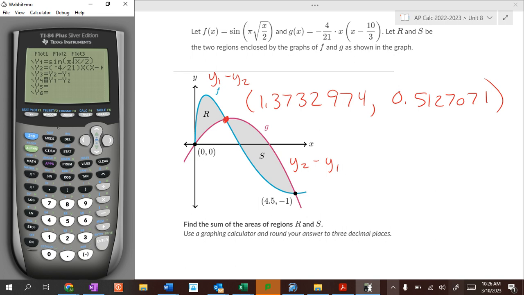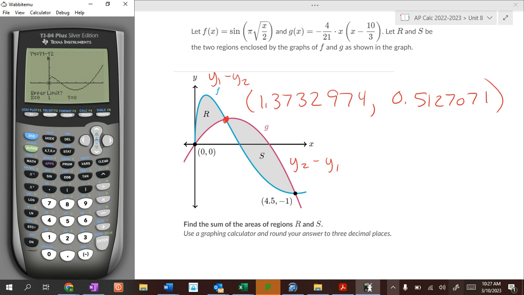And I want to find the area under that curve. So second, trace, 7 for that. My lower limit's going to be 0 because they tell me it's 0, 0 here.